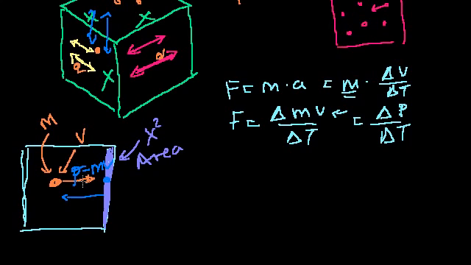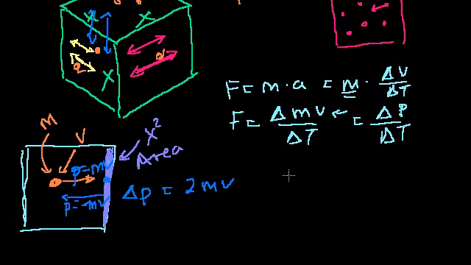But the velocity is in the other direction, so the new momentum is minus mv. If I come in with a momentum of mv and ricochet off with a momentum of minus mv, what's my change in momentum? It's the difference between these two, which is just 2mv.